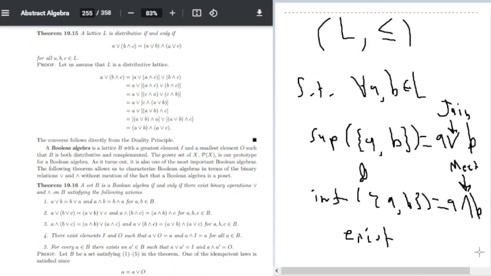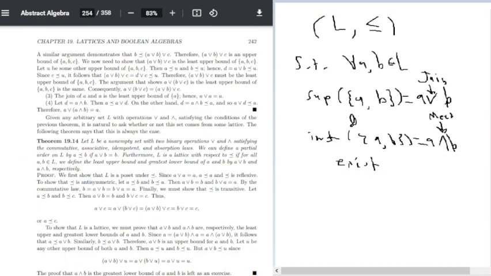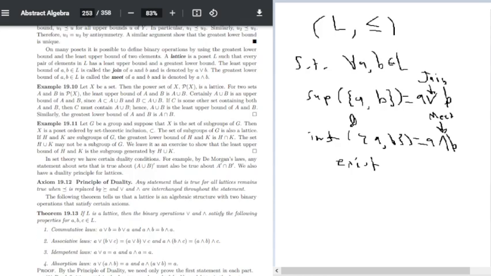So, let's write this. L is a Boolean algebra. Let me make sure I have all the definitions correct.